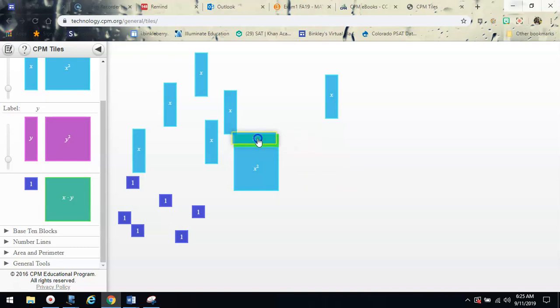The way I did that was this way. Let's see. And remember, the x has to go next to the x side. You can't stack up the 1's to make the x because they're just not the same size.